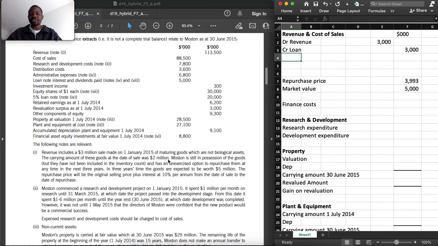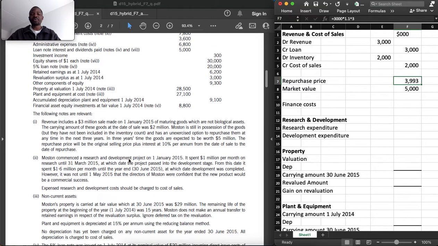The carrying amount of these goods is 2 million, but it is not included in inventory. So we'll debit inventory, including them in inventory now, adding them in inventory. Then we will credit the cost of sales because this 2,000 or 2 million is included in cost of sales. So we need to reverse or remove it from cost of sales. So we are done with note number 1.